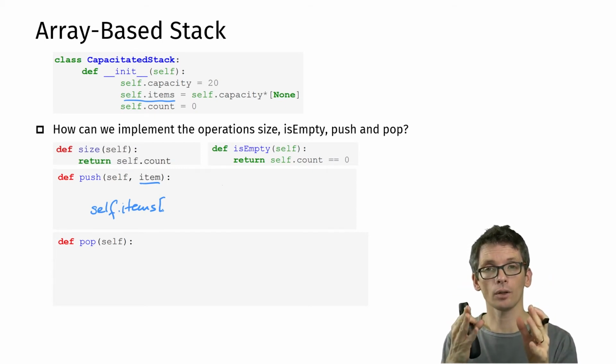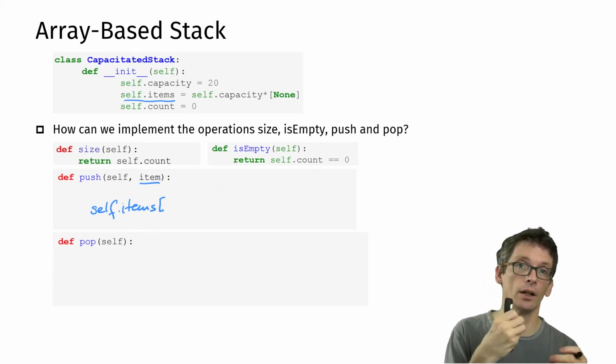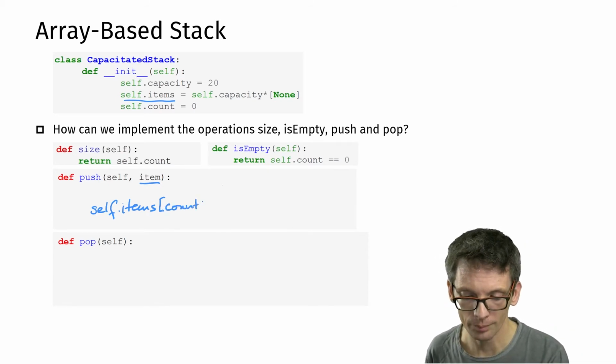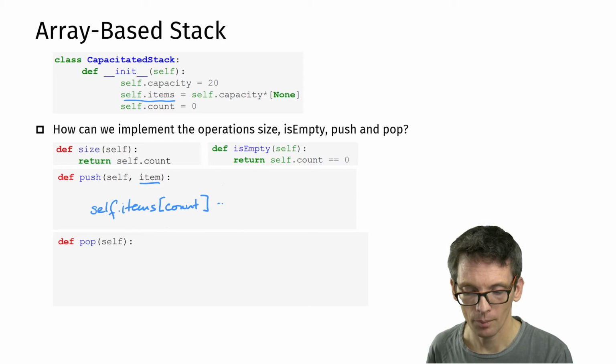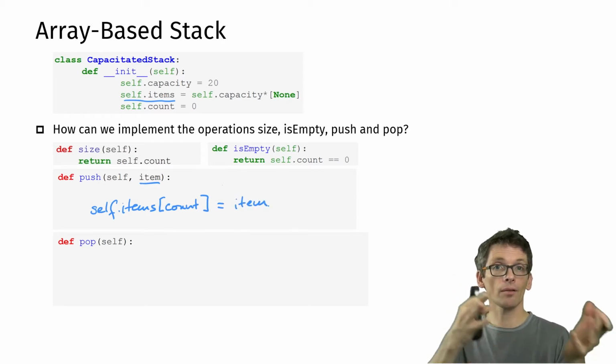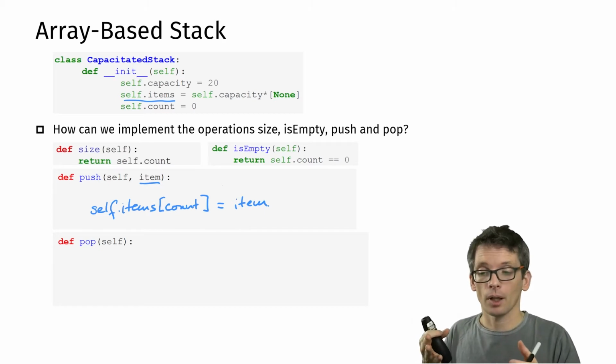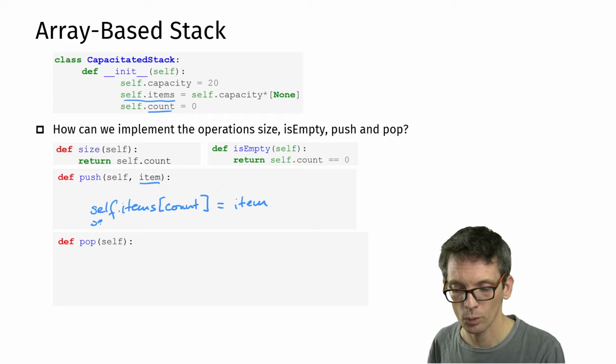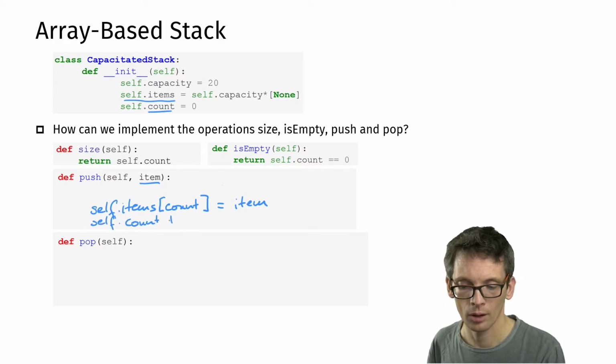If I use count as an index, that's actually the next free index. So that's where I want to write: self.items[self.count] is set to our new item. Now I've inserted the element, but I still have to update count. So I do self.count and increase that by 1.